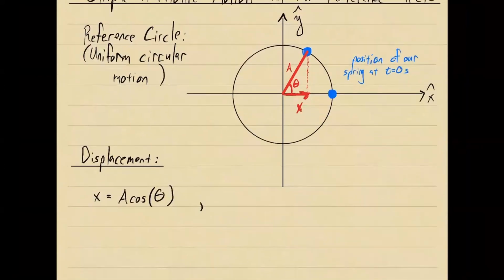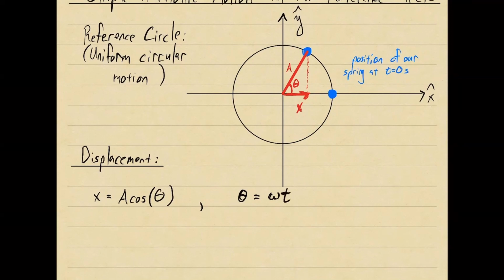Because this thing is going around in uniform circular motion, right now it's not accelerating. It's not going around faster or slower. So it has constant angular velocity, with angular acceleration 0. Because of that, we can say that the angle theta it makes with respect to the positive x-axis is given by omega, its angular velocity, times time, so how long it's been oscillating.